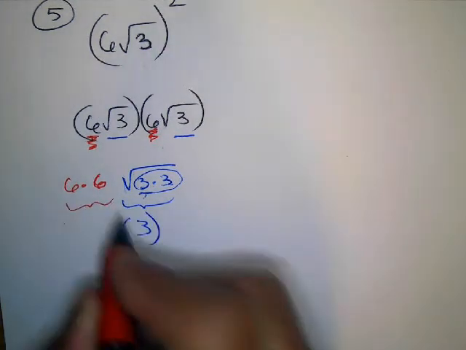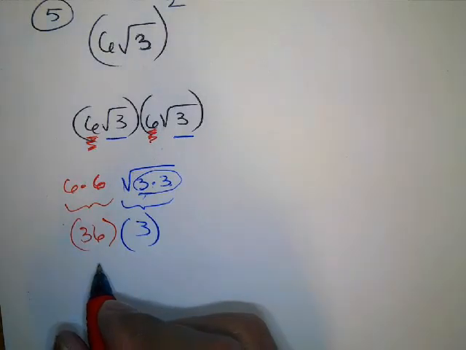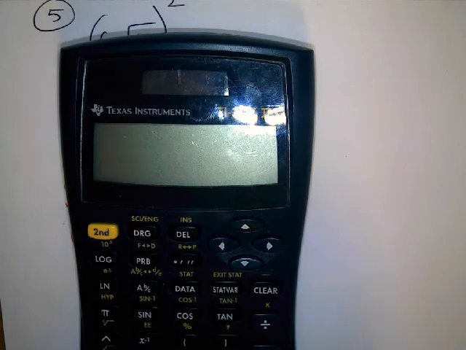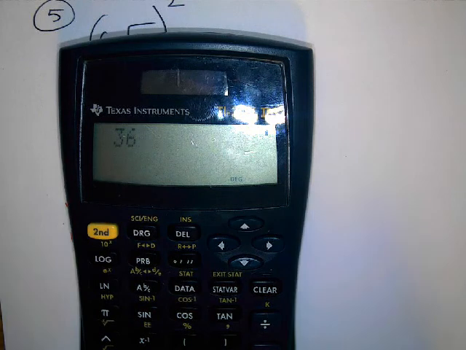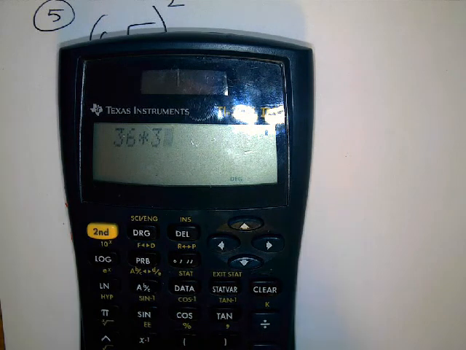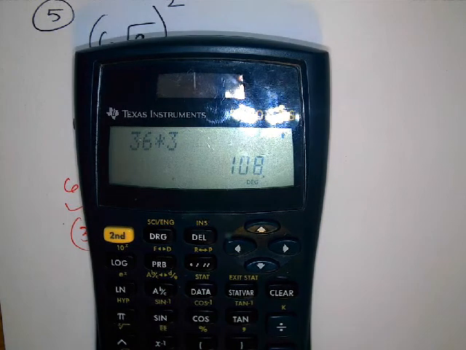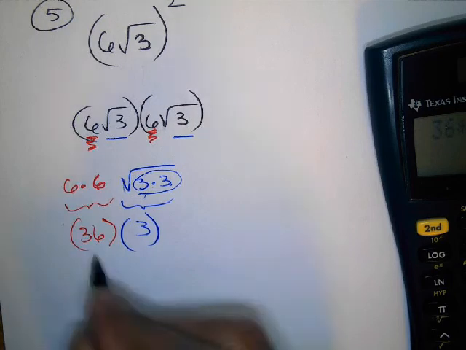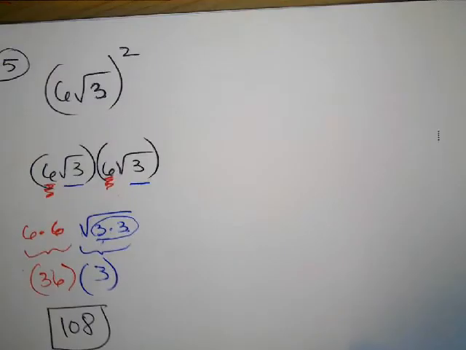I know you're thinking 6 plus 6. 6 times 6 is 36. So this one would be whatever 36 times 3 is. Calculator time. 36 times 3 is 108. That's the answer.